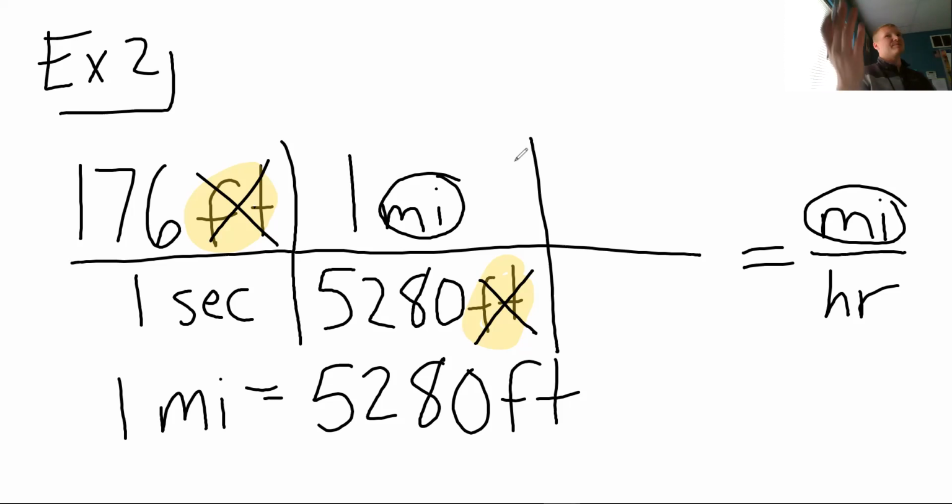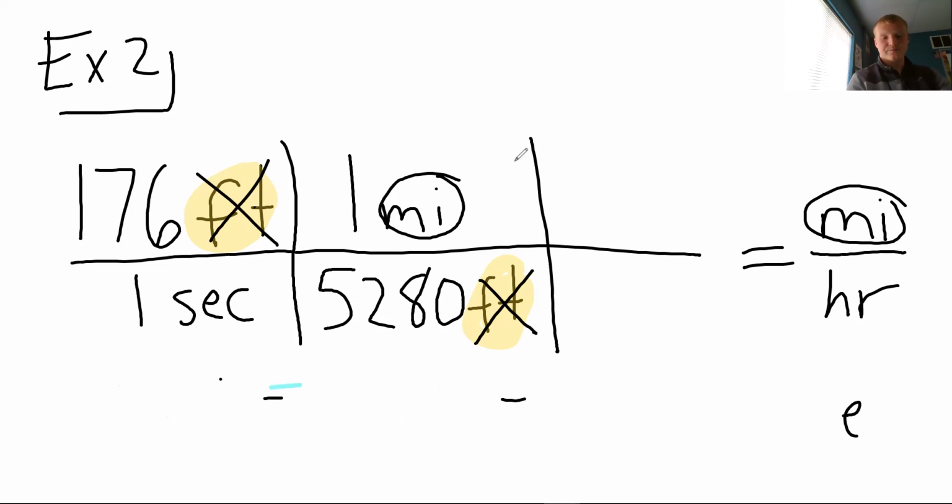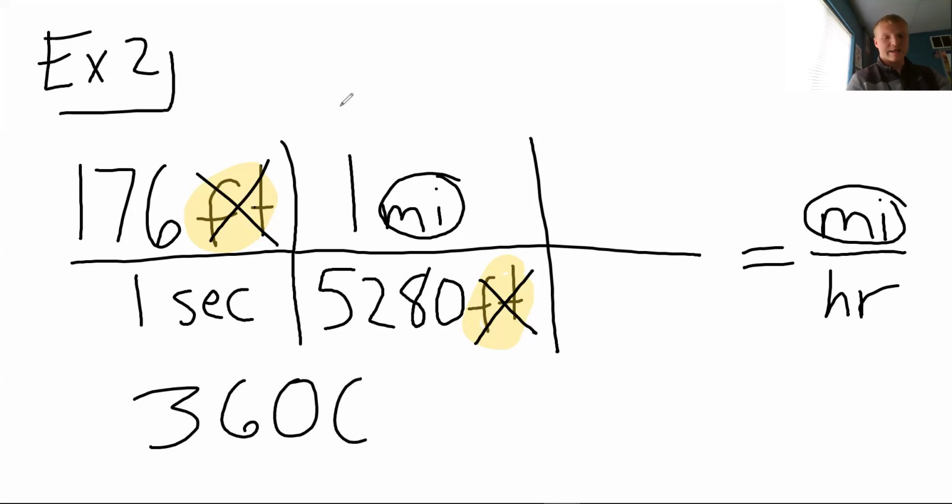So we take 60 times 60, which is 3,600. So for every 3,600 seconds, actually, let's erase that so I have a little bit more room here. So 3,600 seconds equals 1 hour.